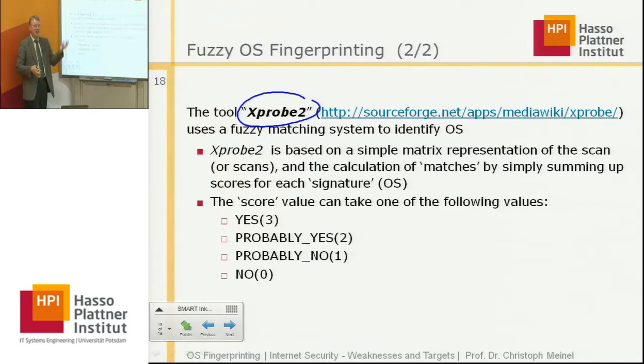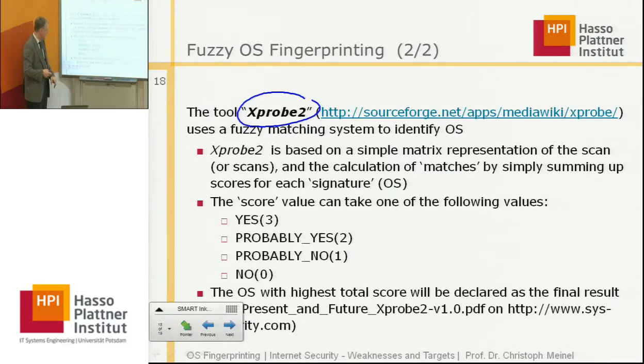So instead of only saying yes or no, here we have a kind of voting which gives at least a hint what kind of operating system is used. And then at the end, the operating system with the highest total score will be declared by XProbe 2 as the final result and given as an answer, for example, to an attacker or system administrator.